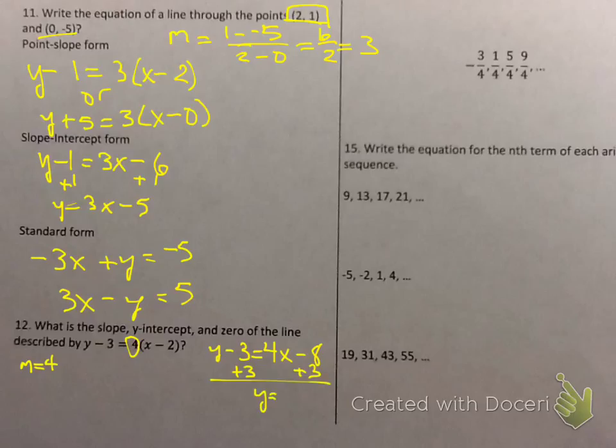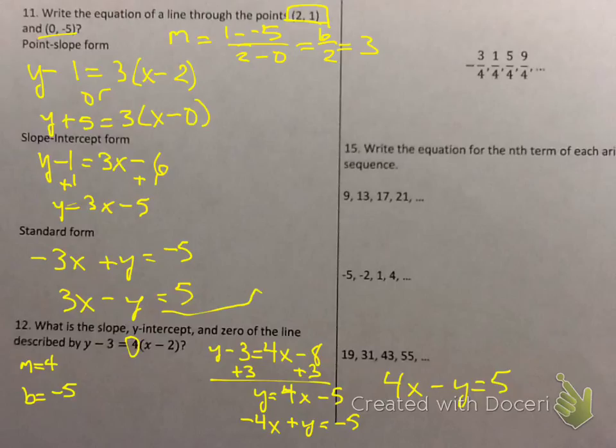You get y is equal to 4x minus 5. And guess what? There's your y-intercept, negative 5. Then if you move the 4x over, you get negative 4x. No, I was right. It was positive. Plus y is equal to negative 5. So this would become positive 4x minus y is equal to 5.